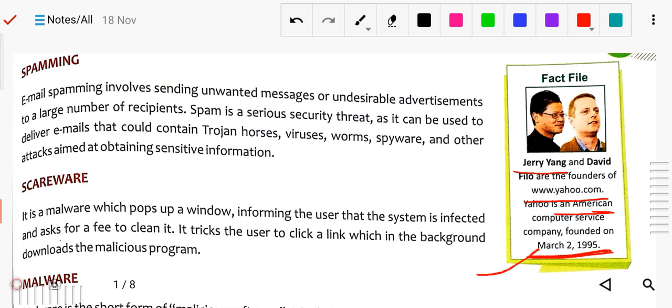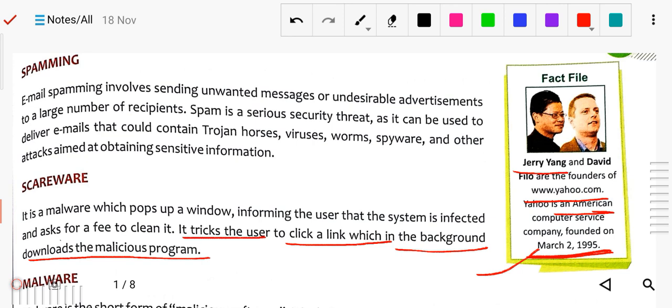Sometimes you have seen these messages on your mobile phone also. They trick the user into clicking a link which, in the background, downloads a malicious program. Suppose you are surfing the internet, and suddenly a message pops up saying you should clean your phone, your phone is getting slow, just click here and free up your phone.